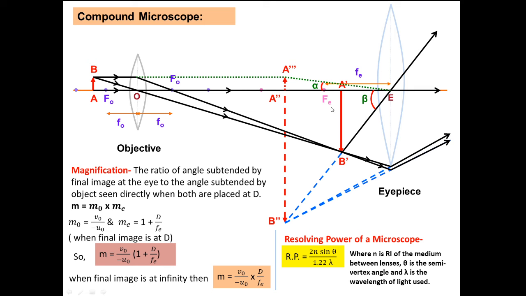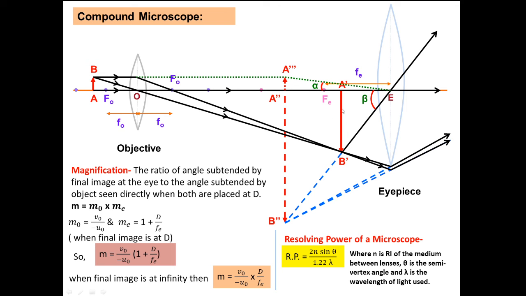And the magnification produced by the eye lens is 1 plus D by Fe when the final image is at D. So the combined magnification is m equal to V naught by minus U naught into 1 plus D by Fe.